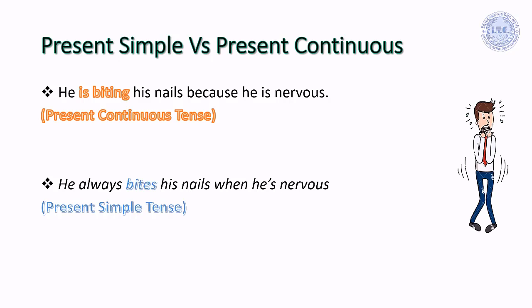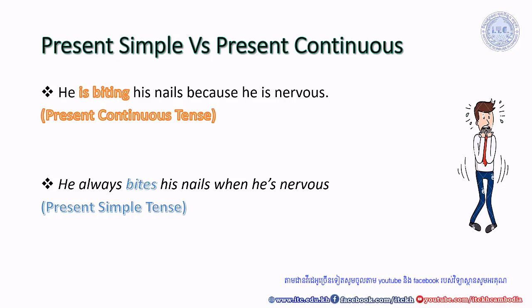Does he always do this when he's nervous? Yes, he always bites his nails when he's nervous. The second sentence is in present simple because it is talking about his habit, something that he does when he's nervous. Notice how we use present simple tense with the adverb of frequency, always.